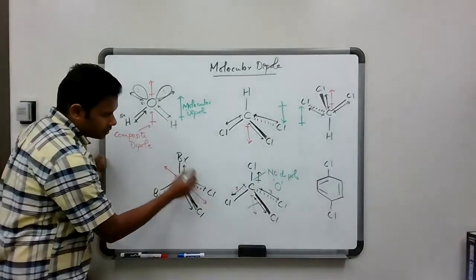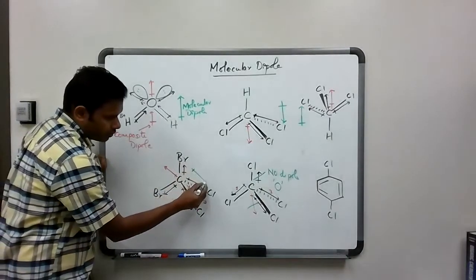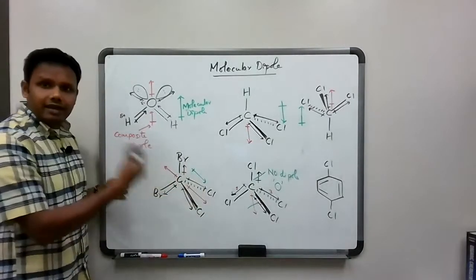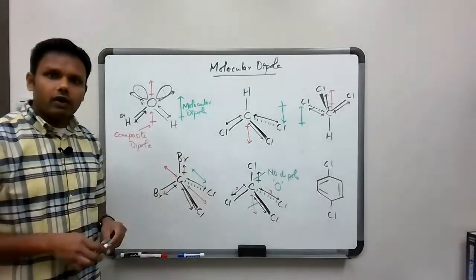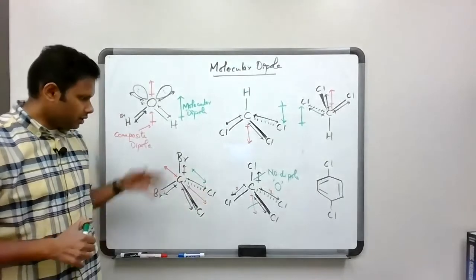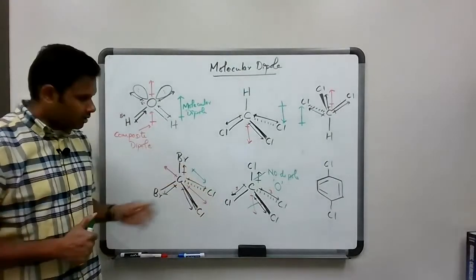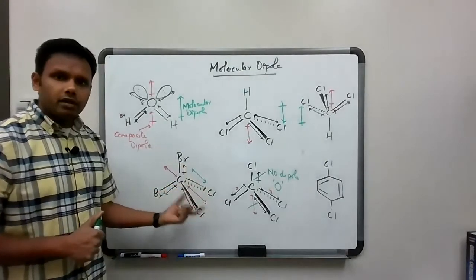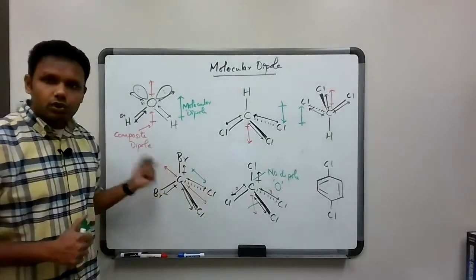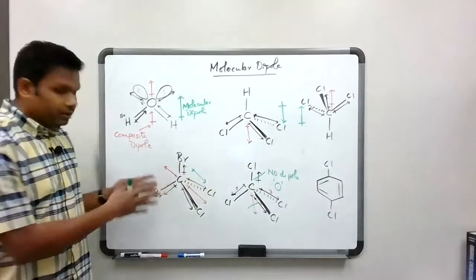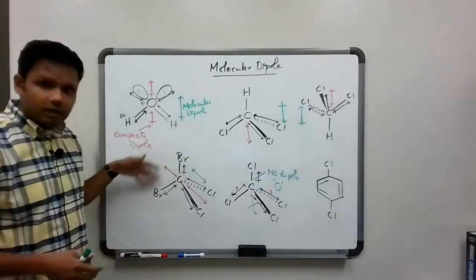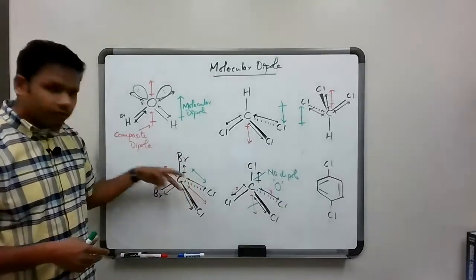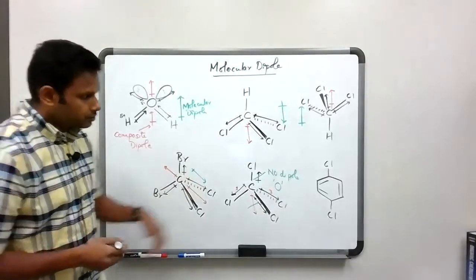And what that means is for this molecule, we are going to have a net molecular dipole in the direction of the chlorine atoms, okay? Pointing towards the chlorine atoms, because this is a bigger dipole compared to the carbon-bromine dipole. So I hope that is clear. Okay, so it does not cancel out every time. It depends on the electronegativities of the contributing atoms.